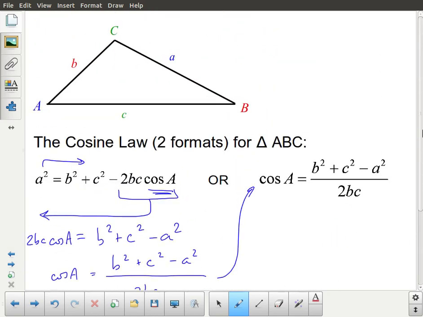Now, what are the conditions? Each of these equations relates to various angles. In this case, I've labeled them A, B, and C, and various sides a, b, and c. So how does the configuration of the triangle that we're given affect whether we should use the sine law or cosine law?